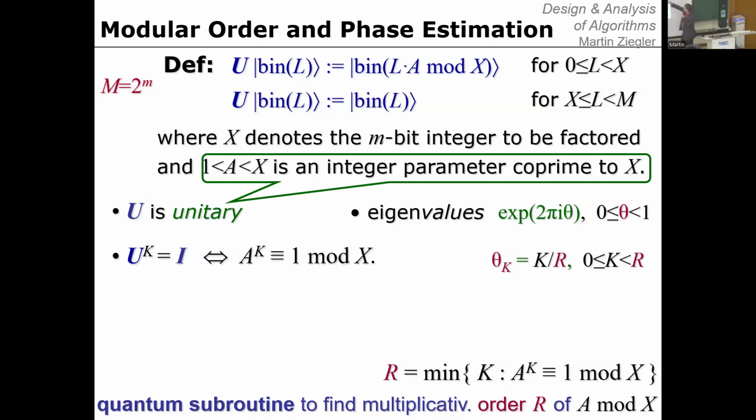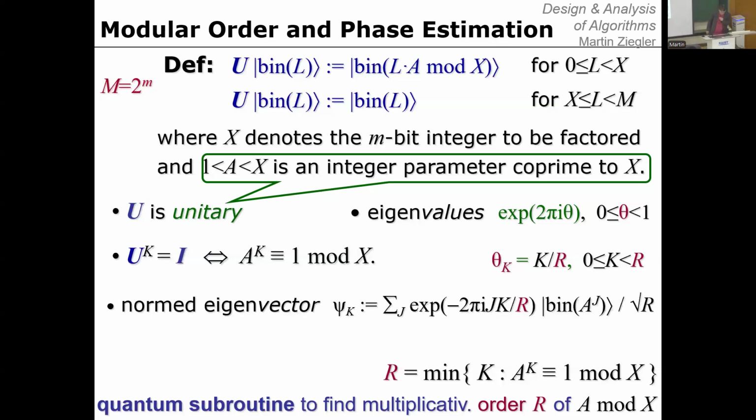So by finding the numerator and denominator of this fraction theta, the denominator will give us the order. And we can do that.